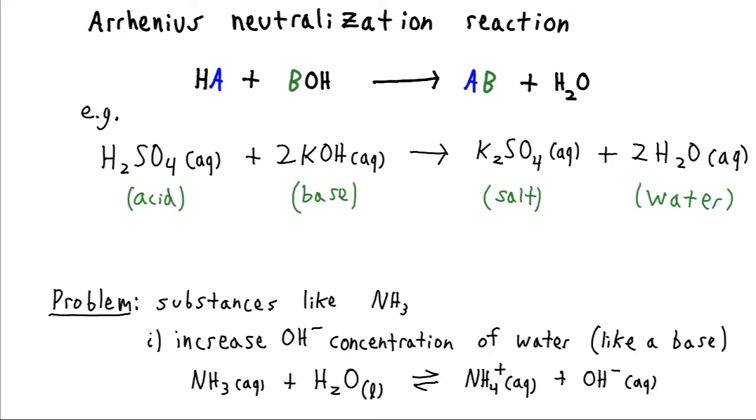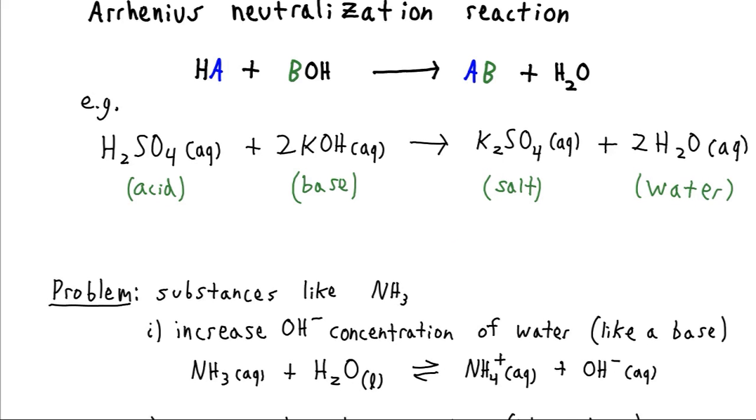It will increase the OH- concentration of the water. And it does so through this reaction. So it reacts with the H2O, produces the OH-, and we also get this substance, ammonium, NH4+. Well, that's very similar to an Arrhenius base, but ammonia is not an Arrhenius base. It doesn't contain any hydroxides in it that it releases into water.